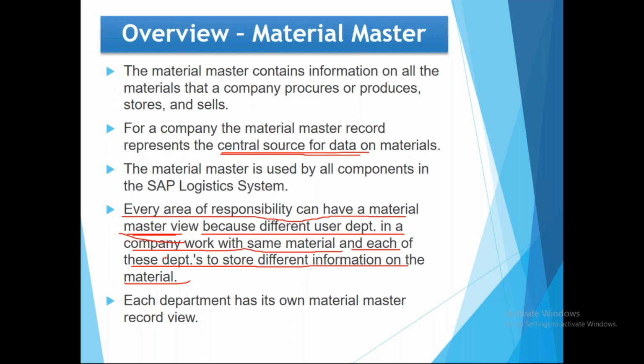When we go to the system, I will show you that. Each department has its own material master record view. That means every department will have their own view in which they will maintain their respective data. I'll show you this in the system.